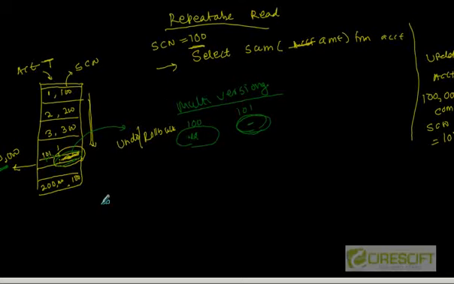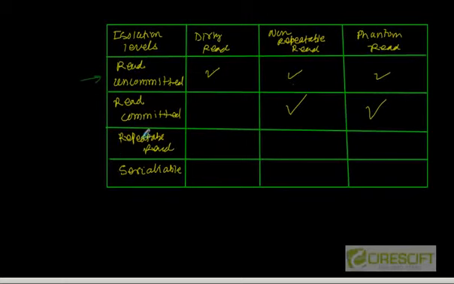However, if somebody, instead of updating, goes and does an insert, then we are going to have a new value, and in that case we are going to get a phantom read. Therefore, in repeatable read this can be possible.